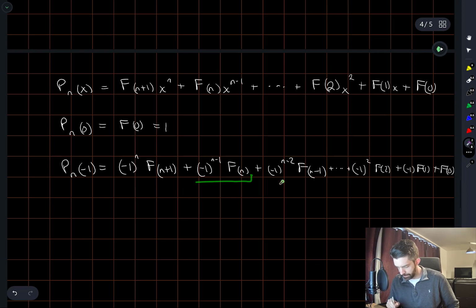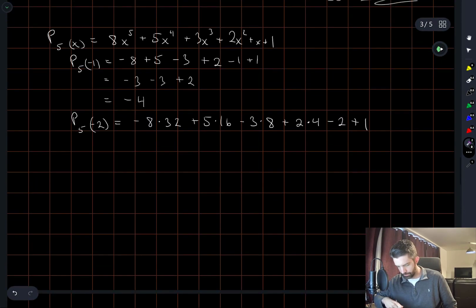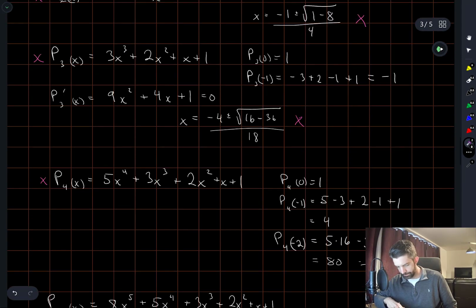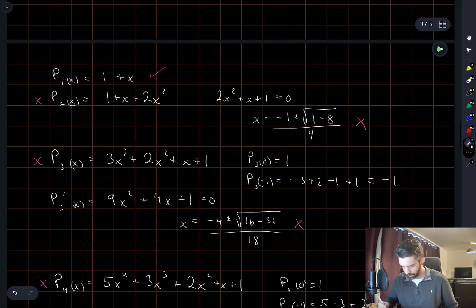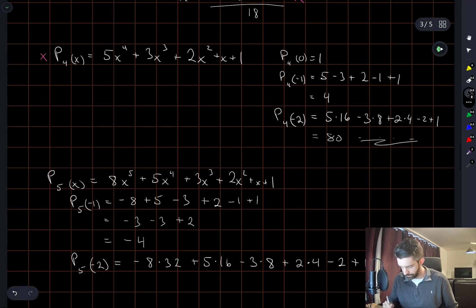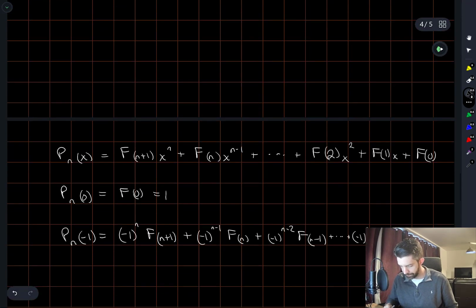And every pair of these things we get, those are always going to be positive, right? So let me make sure for an even value of n, what's p2 of negative 1? It's equal to 2 minus 1 plus 1, yeah, which is equal to 2. And p4 of negative 1 was equal to 4.